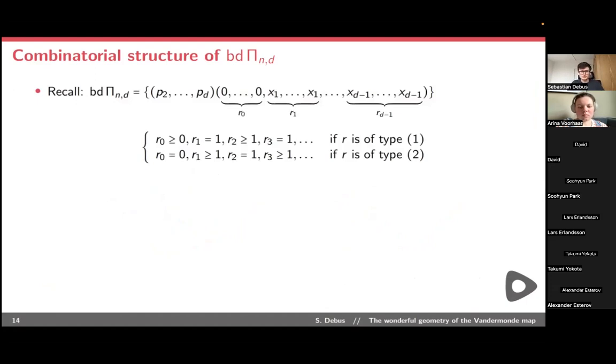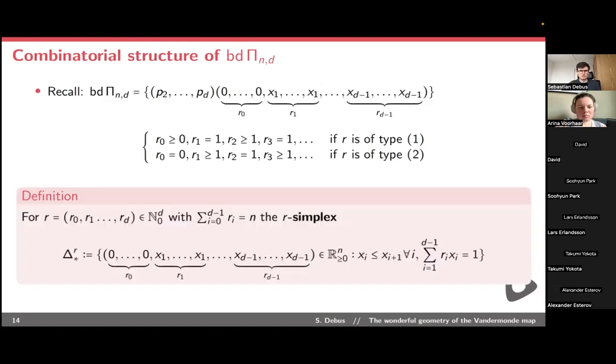So how do we prove this result? You need to recall that the boundary consists of the union of all the points on the probability simplex x1 less than or equal to x2, and so on, which have specific multiplicity structures. So we have some vector r, and this r is either of type 1 or type 2.